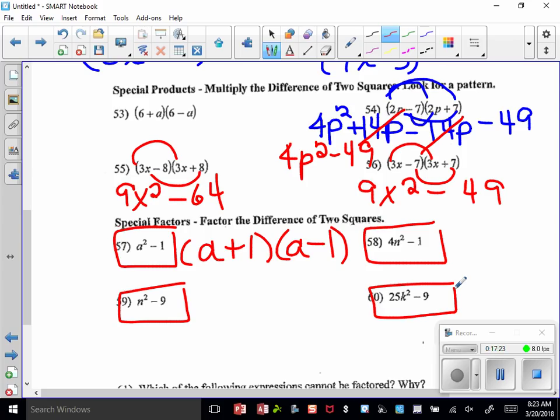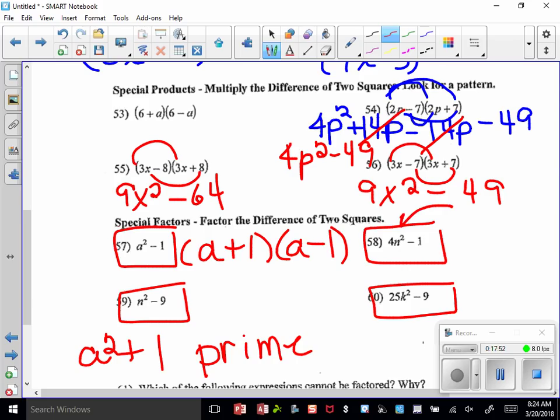So they have to both be perfect squares, and it has to be a binomial. It has to be a minus sign in order for this to work. If this had said a squared plus 1, you would simply write the word prime. Prime means you cannot factor it. So that minus sign is very important. Both terms have to be perfect squares.